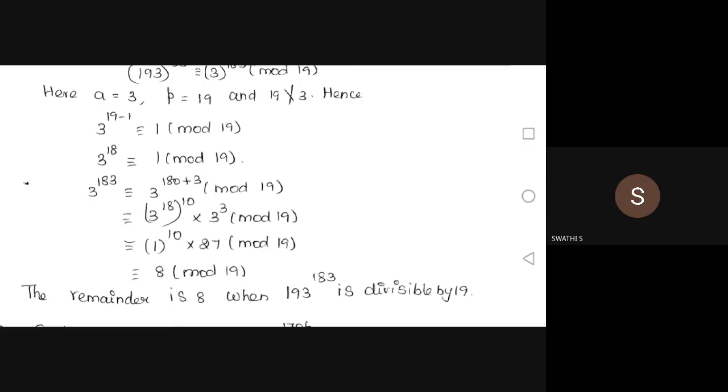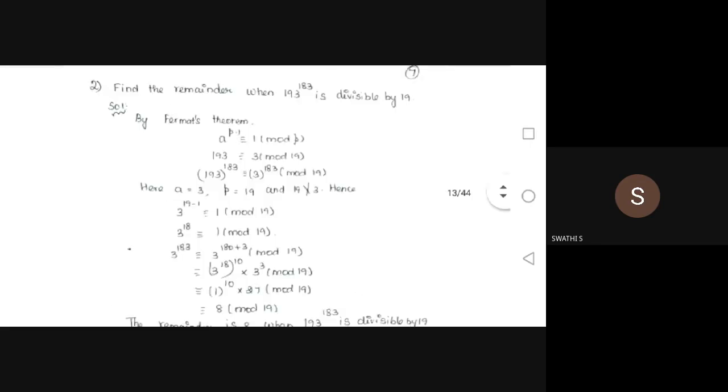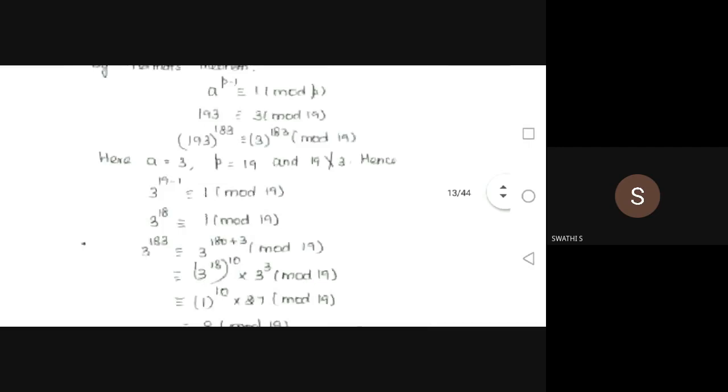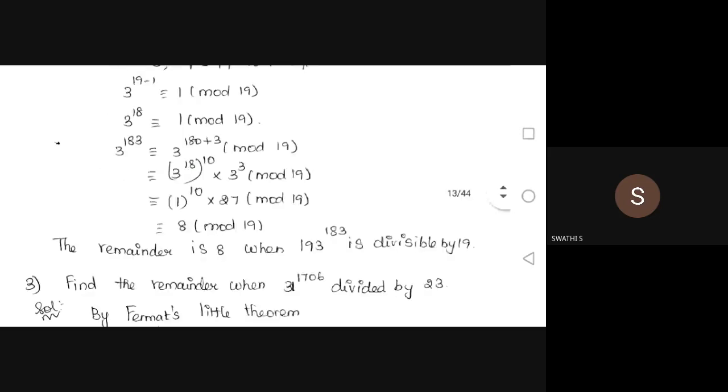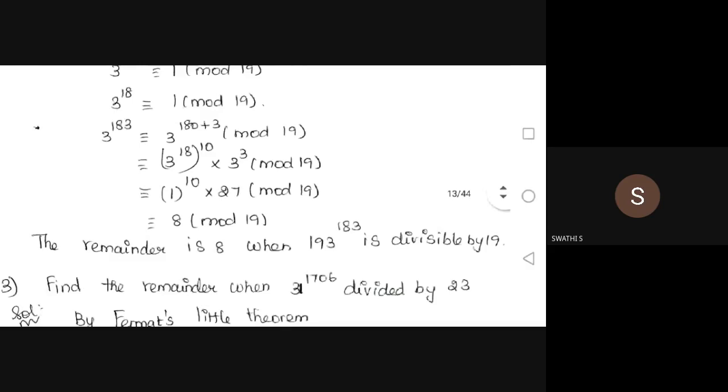Actually, 3 power 183 is congruent to 193 to the power 183. So when 193 to the power 183 is divided by 19, you get the remainder 8.